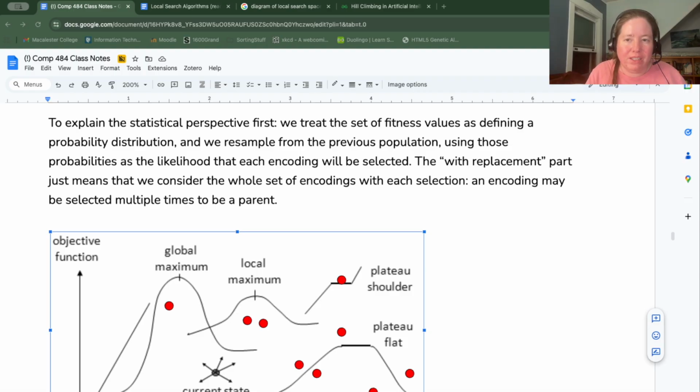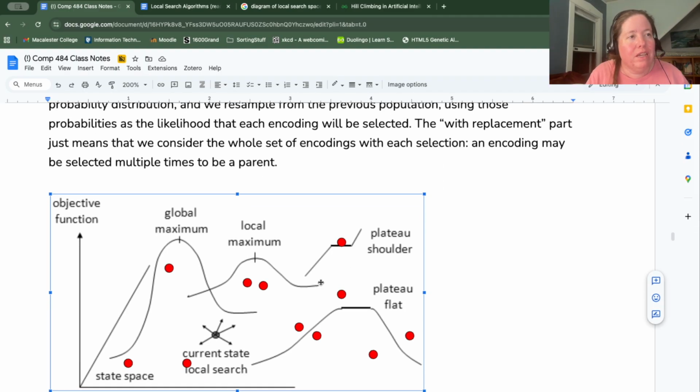We have calculated fitness values for all of the individual solutions in our population. Here I've redrawn our diagram from before, but with more points, because typically we want a larger population size when we do genetic algorithms. They're scattered around the space randomly. We've calculated their fitness, which is their vertical height, and we think of that as sampling from the probability distribution that is our objective function.